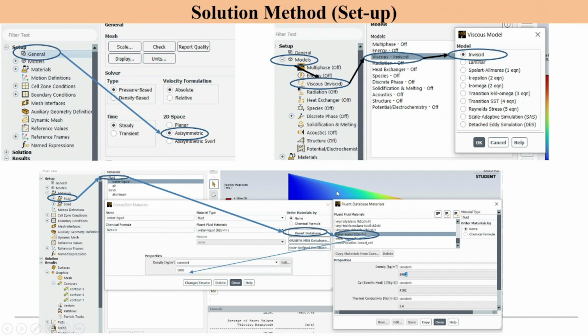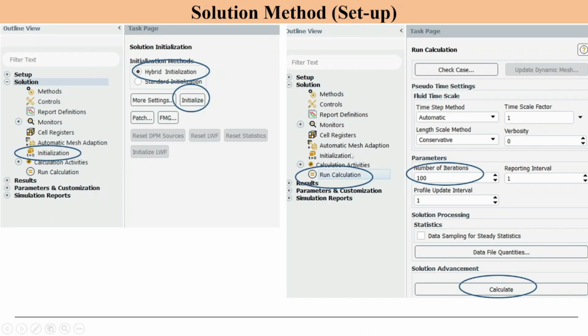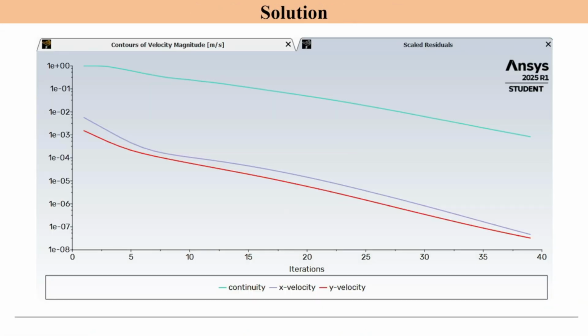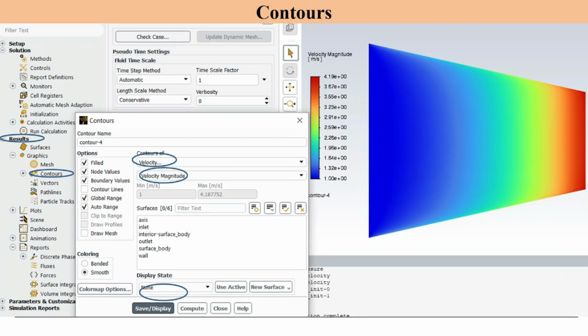Anyhow, the same thing we will be solving in ANSYS Fluent. So just to have a look at this. This is the scaled residuals. These are the contours, pressure contours. This is the velocity contour.